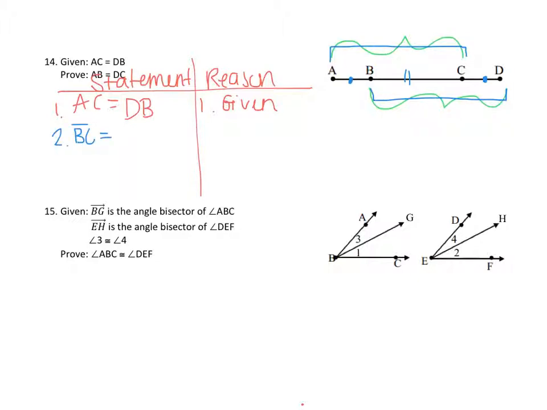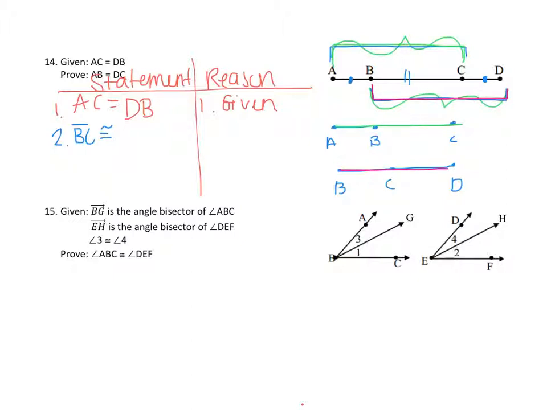BC is in both of the segments. So if I talk about BC in terms of AC, let me sketch this out real quick. I'm just going to kind of separate these segments. So I have segment ABC, which is here, drawn below, and segment BCD here, drawn below.